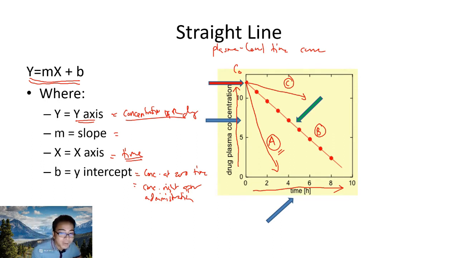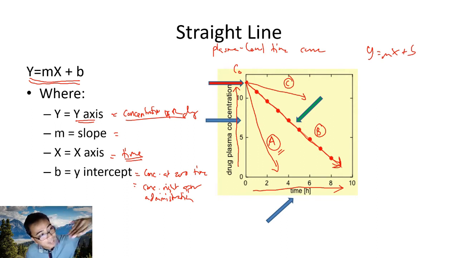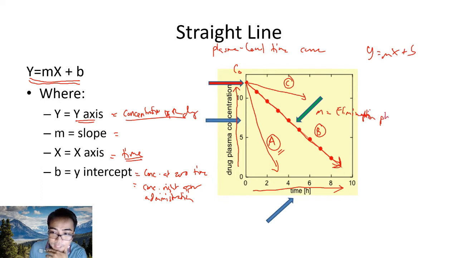Okay? So now, class, ang y equals mx plus b ko. Ang slope na yan, this is a line that declines, that is going down, right? So, class, ano nga bang phase ito? Yung pagbaba ng ating concentration. Okay, yung slope natin here, that will be equal to your elimination phase.